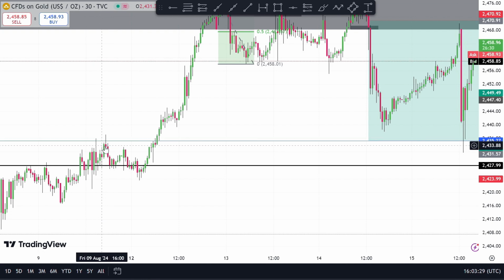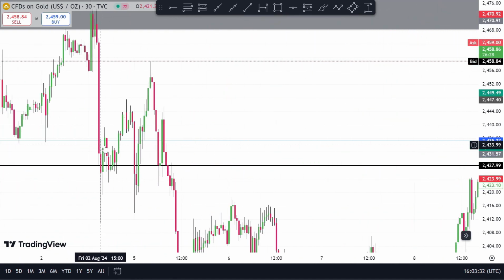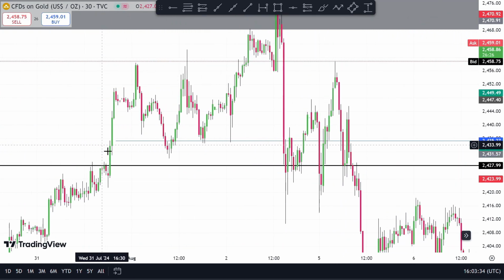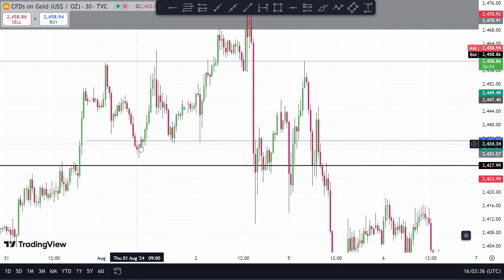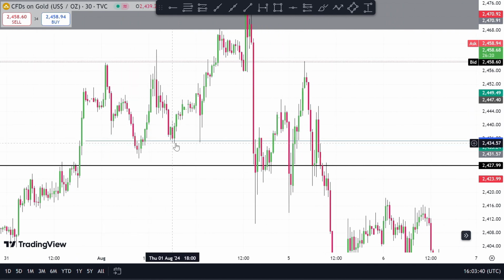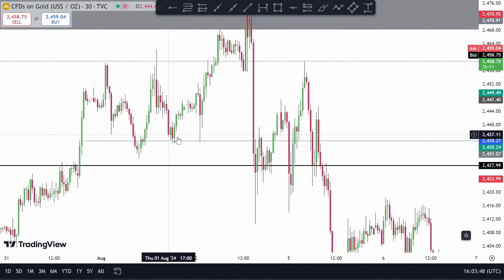Here is a supply zone which price respected from the backside. All right, price came down to this point, rejected this point, came also here, rejected it the second time, and rejected it also the third time, making this a strong demand zone here.